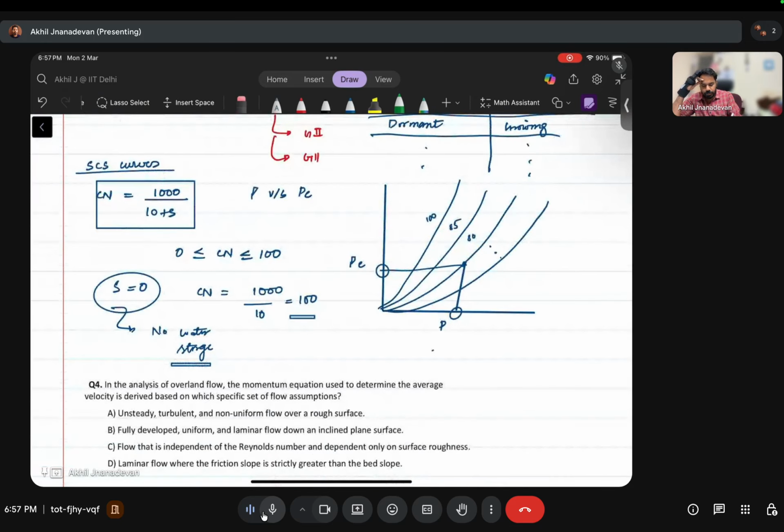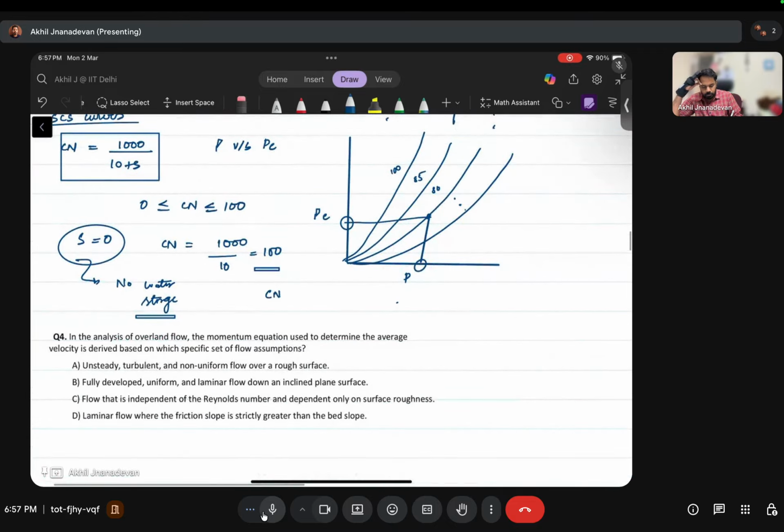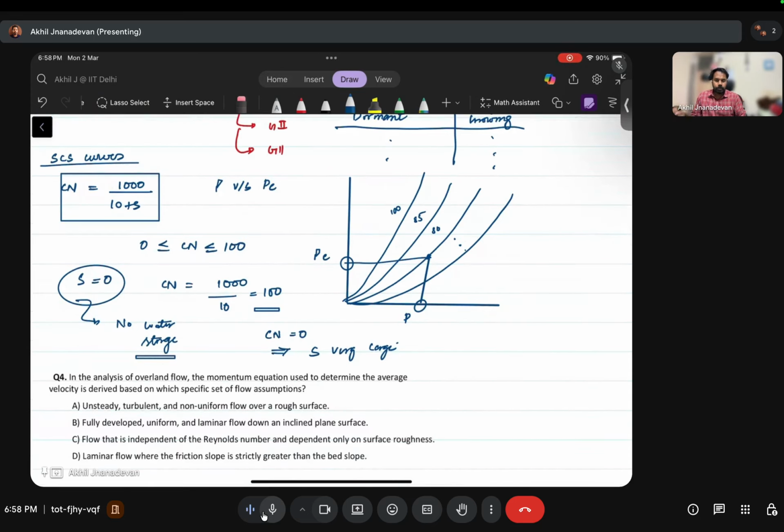And if we take the other case, that is when curve number is 0, so CN will be 0 when S is very large. The curve number can be 0 when S is very large, and it will be in the category of very highly permeable soil, or very high storage soil, right?